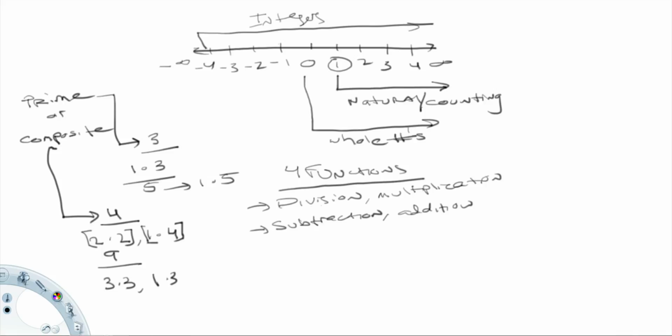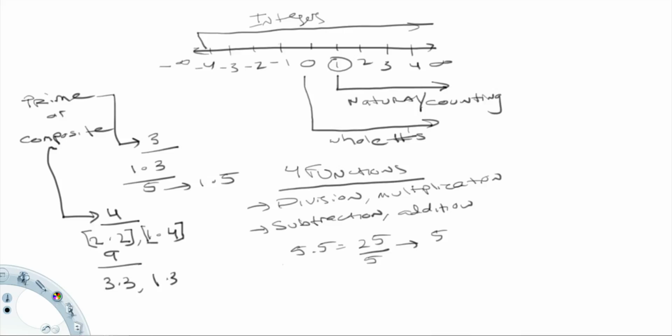Usually they're reverse processes. If I multiply, say, 5 times 5 is 25, right? Well, to get me back to 5, I have to divide by 5 to get 5.